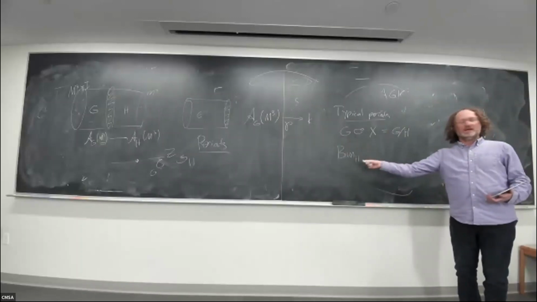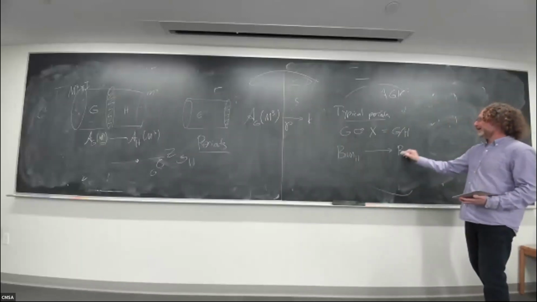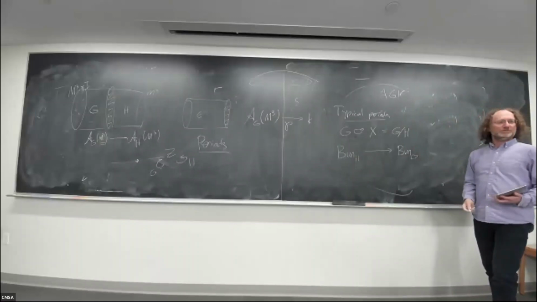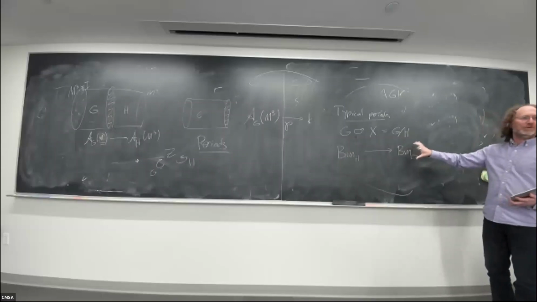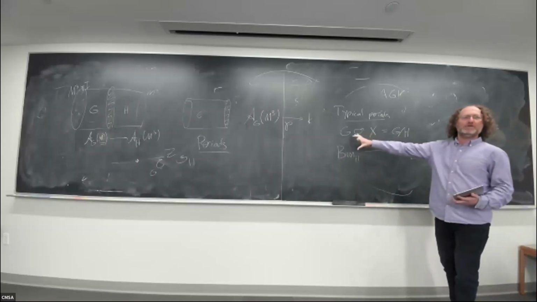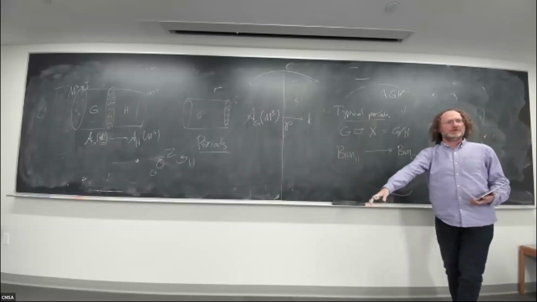There's a map from the moduli space of H bundles to the moduli space of G bundles. So I could take an object here, my automorphic forms, pull them back to here, and integrate, pushing forward to a point.